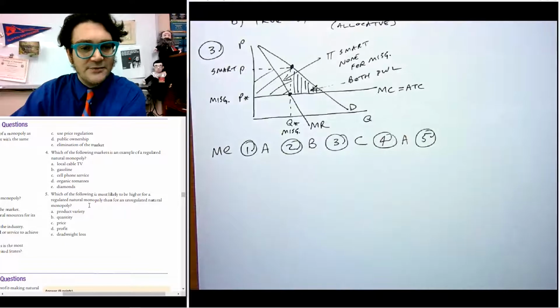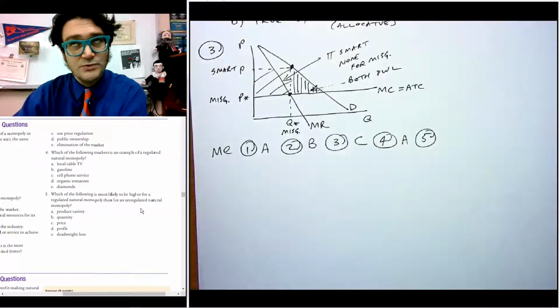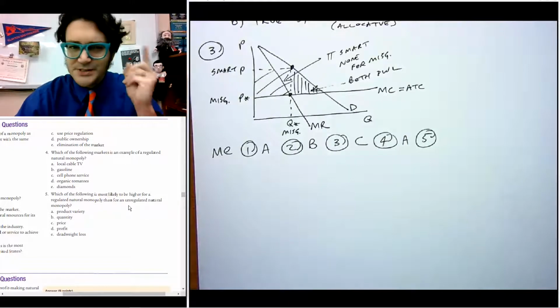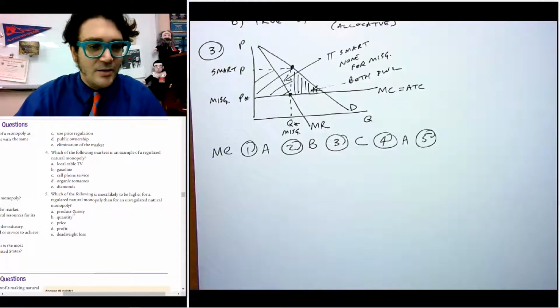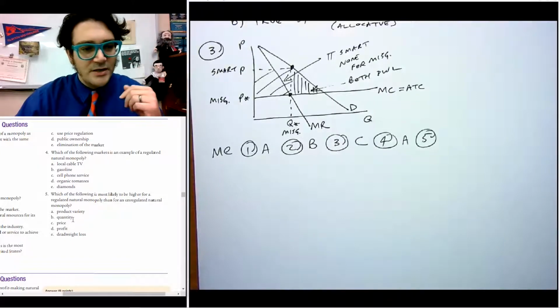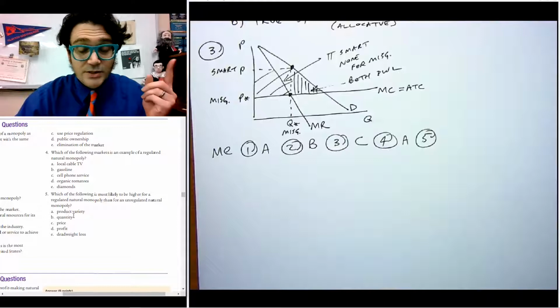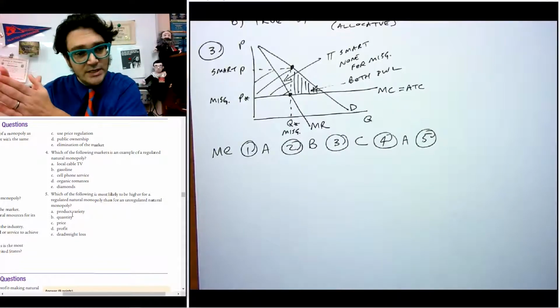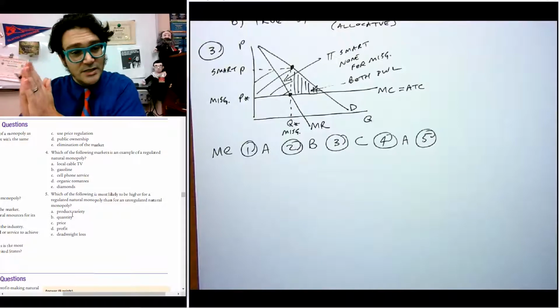Which of the following is most likely to be higher for a regulated natural monopoly than for an unregulated one? You can see that these are tough questions. I need my cup of coffee. Product variety, no, because there's only one product. Quantity, yeah, there's going to be more quantity. If you regulate them and push their price lower, they're going to increase output. So we would expect B to be the right answer.